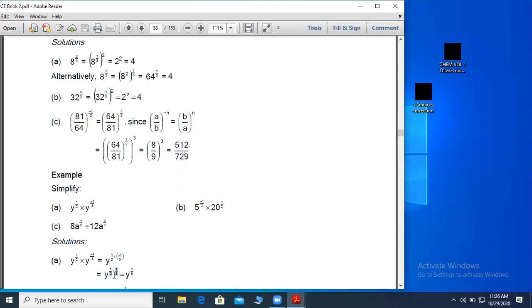Then 6 divided by 2 times 1 is 3. So 6 divided by 3 times 1 is 2. So it is 3 minus 2 out of 6. So the answer is y to power 1 out of 6.